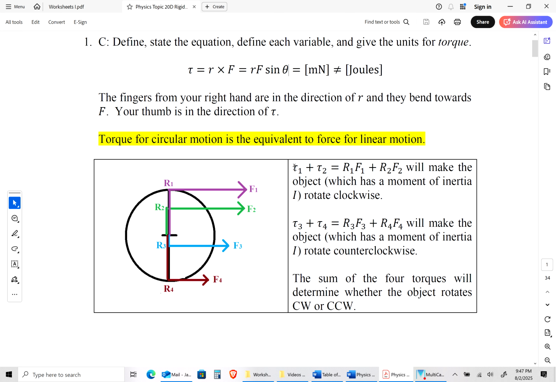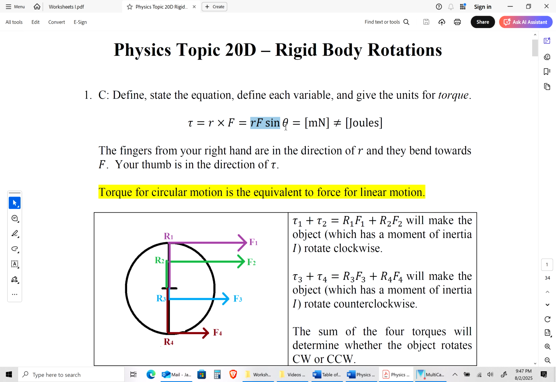So R1, F1 plus R2, F2 makes the object rotate clockwise. R3, F3 plus R4, F4 makes the object rotate counterclockwise. And the sum of these four torques will tell us whether the object rotates clockwise or counterclockwise. So this whole RF sine theta should remind you of work is equal to FD cosine theta, where theta is the angle between F and D.